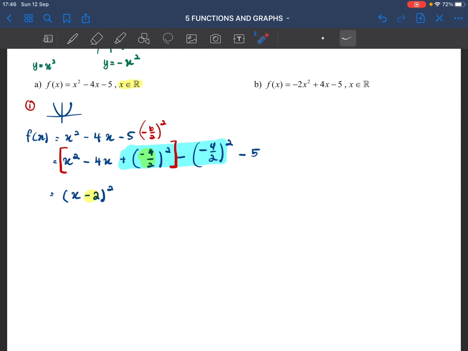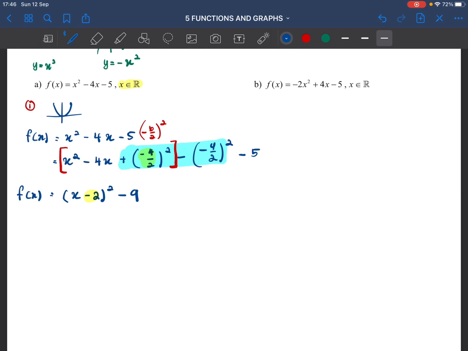Okay, make sure you check if your function is negative here, this one should be negative. So yang di belakang, the rest of it, kita akan kira lah. So you have negative 4 over 2 square minus 5, and that will get us negative 9. Okay, minus 9. Alright, so that is completing the square. So this is our f(x) lah, yang kita dah simplifykan. Alright, so now the first step is done.